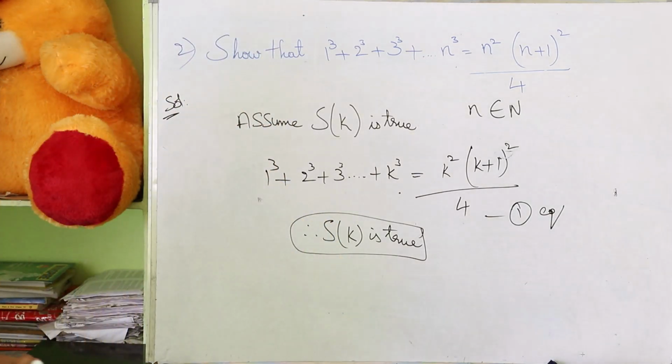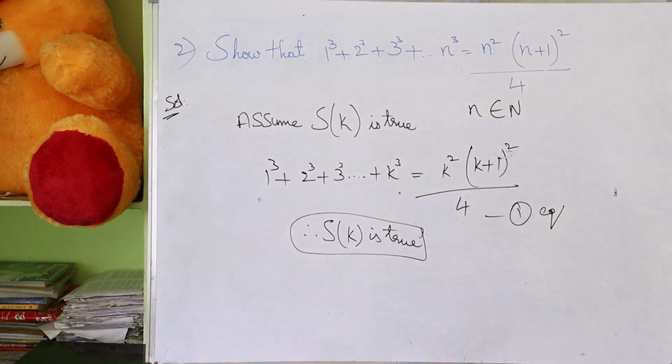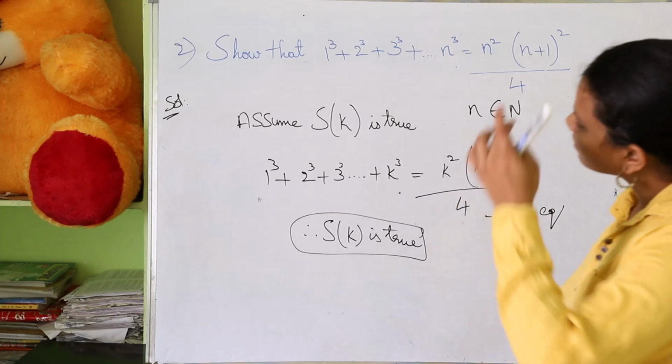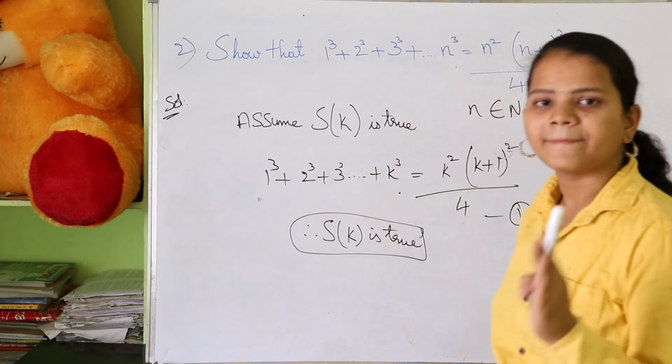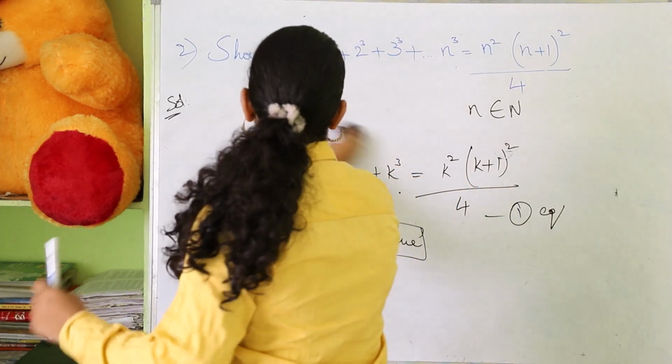Clear? Now let me go for the third case. The third case will be a somewhat different one. Here, take the first equation, consider the first equation. The third case will be if S of k plus 1, the k plus 1 term.